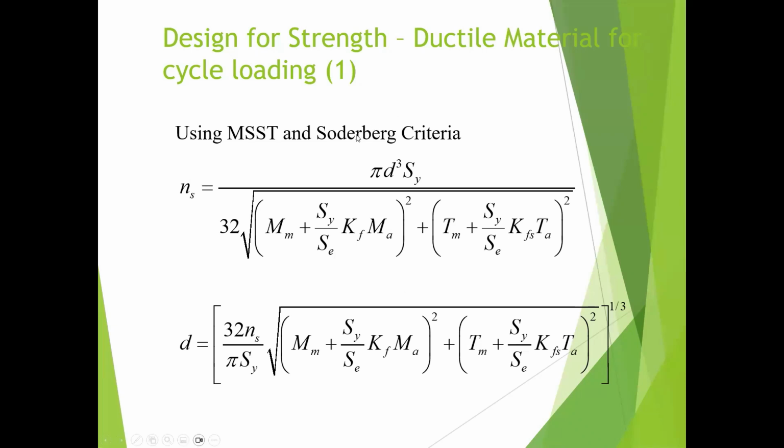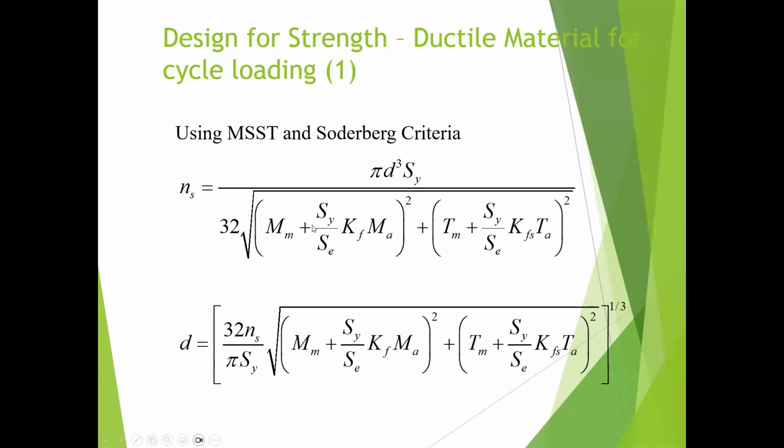Soderberg criteria is used if the alternating value is non-zero. MSST is for ductile materials, and Soderberg criteria is for fatigue.